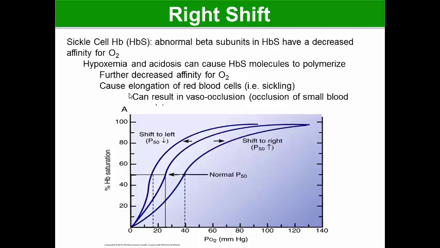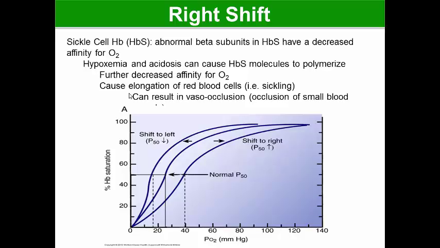Patients with hemoglobin S, if they are exposed to hypoxic conditions or acidosis, these conditions can cause the hemoglobin S molecules to polymerize, and this further decreases the affinity of hemoglobin for oxygen and can cause elongation of the red blood cells, and the red blood cells look like sickles.